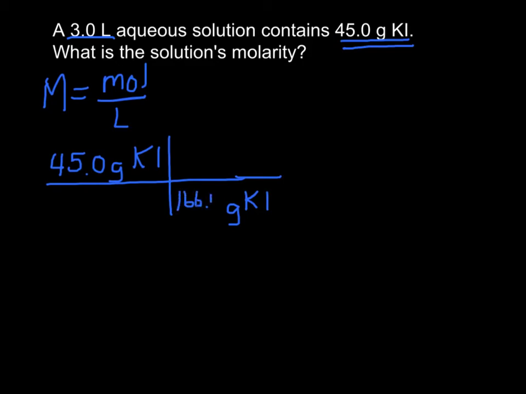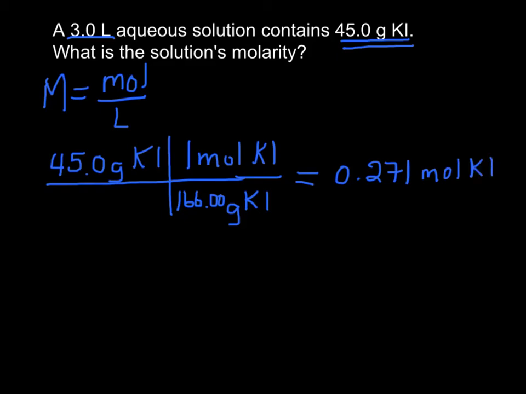You get 166.00, and that is for 1 mole of KI. Divide, check your sig figs, 0.271 moles of KI.